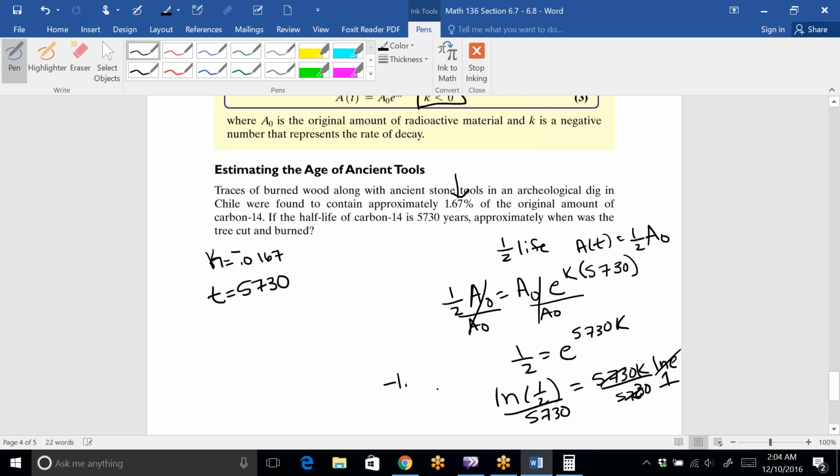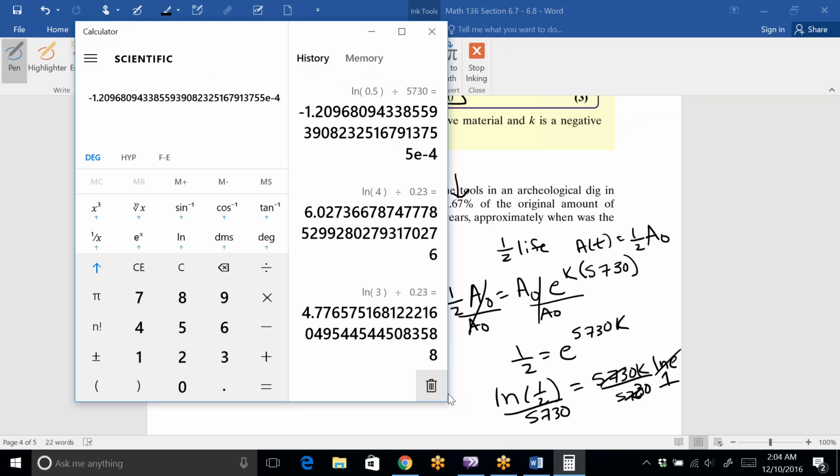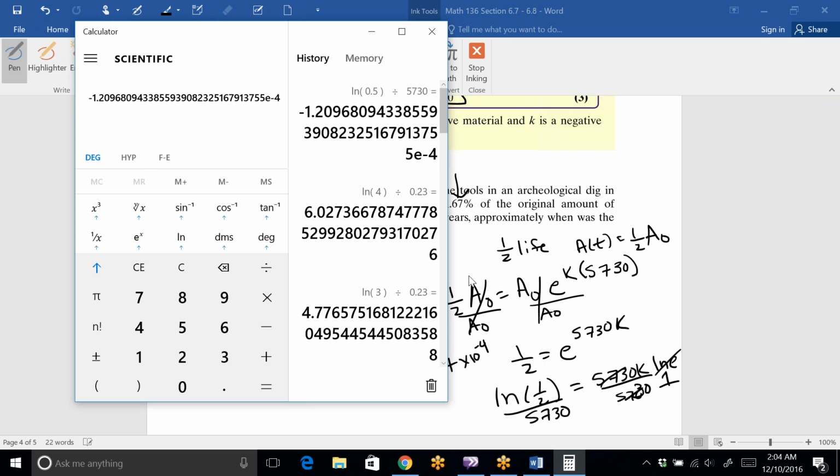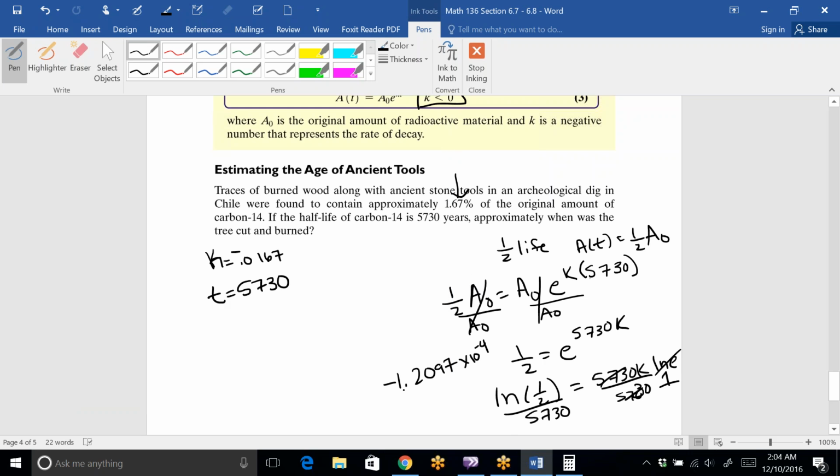So negative 1 point, I'm going to write it down first, 2097 times 10 to the negative 4th, I believe, which means this needs to be moved 4 places to the left. And that would still be as a number. Oops, so this negative goes out front now. And we would still need to convert it to a percent.